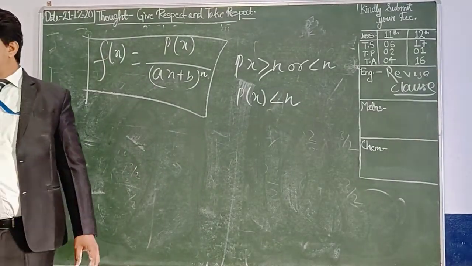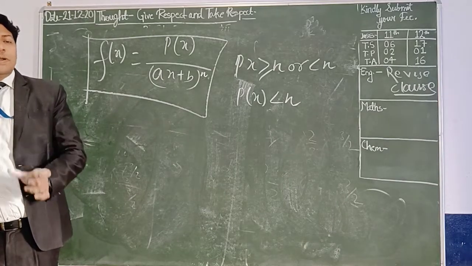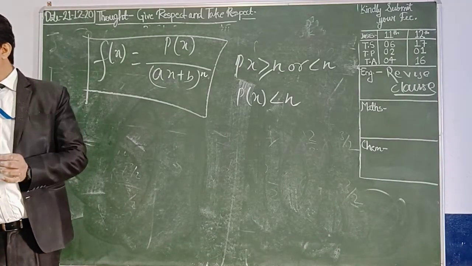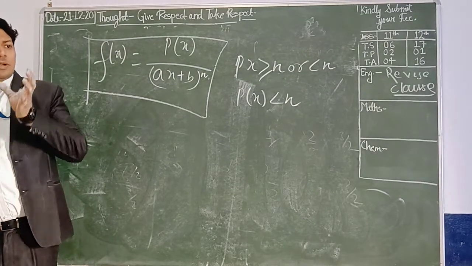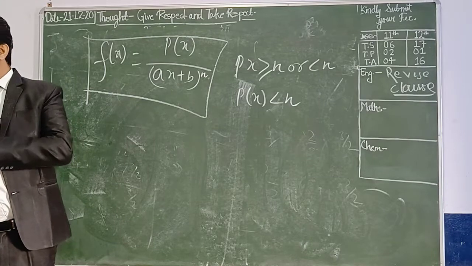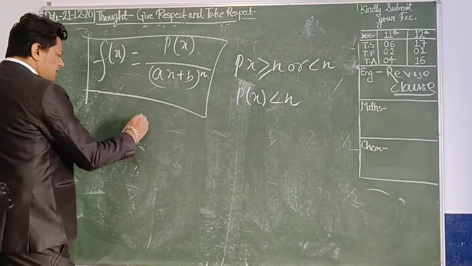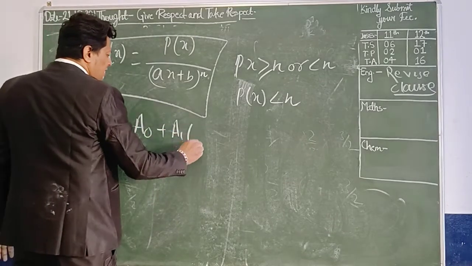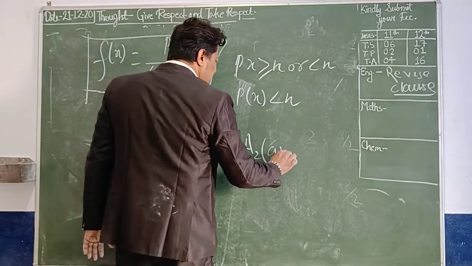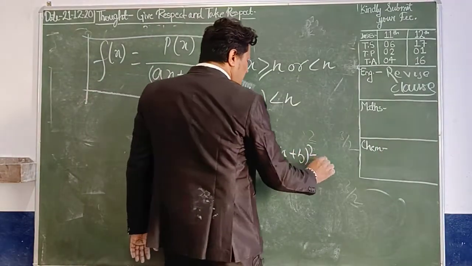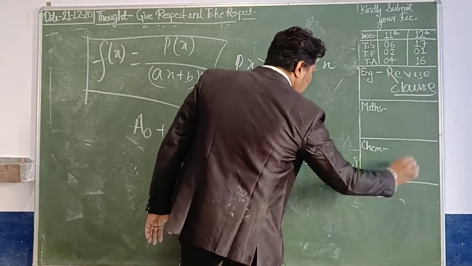If the degree of p(x) is less than n, then you have to express p(x) in the form a0 plus a1 (ax plus b) plus a2 (ax plus b) power 2 plus a3 (ax plus b) power 3, and so on.